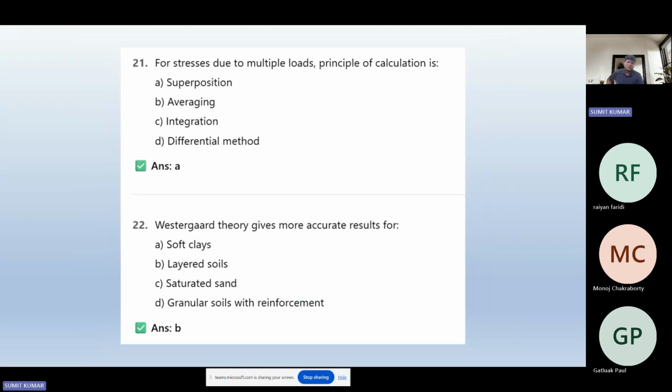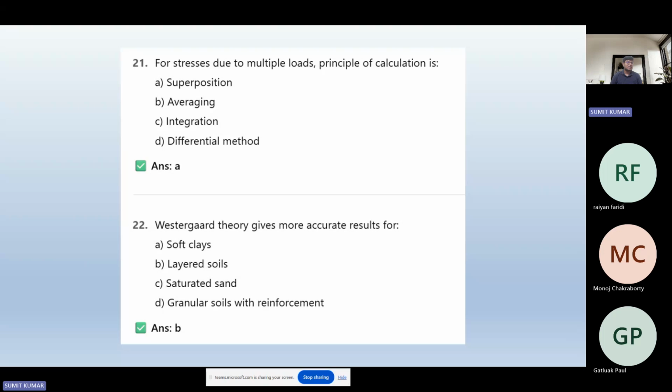Next question says for the stress due to multiple loads, the principle of calculation is superposition. Yes, right, because we have solved many problems today in which we divided into 4 by 4 cross sections, 3 by 3 cross sections, 2 by 2 cross sections, and we calculated the stress. Additionally, we also calculated the stress at the corner in which the 9 footing is there, the last problem.